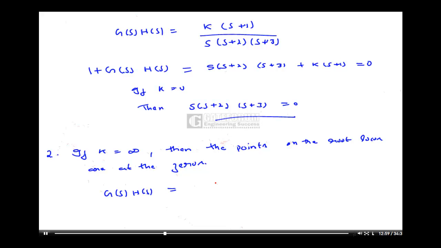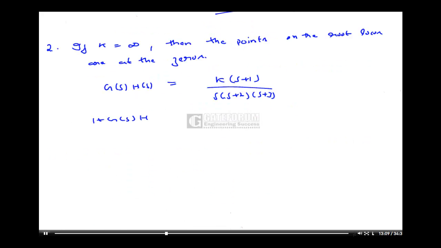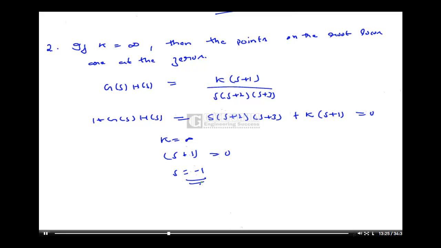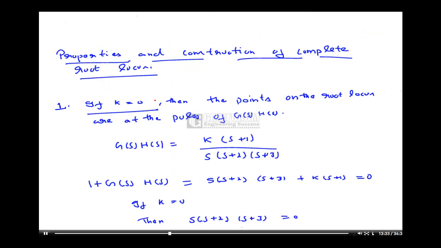G(s)H(s) equal to k times (s plus 1) upon s into (s plus 2)(s plus 3). So 1 plus G(s)H(s) can be written as s(s plus 2)(s plus 3) plus k times (s plus 1) equal to 0. k equal to infinity means s plus 1 equal to 0. So s equal to minus 1, which is the zero of G(s)H(s). This was the second point.